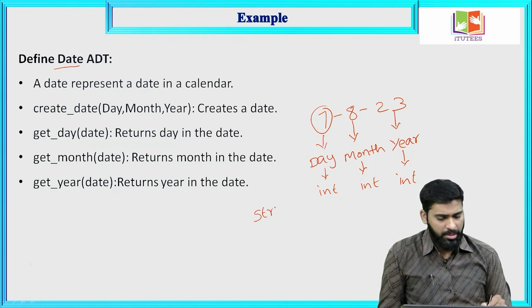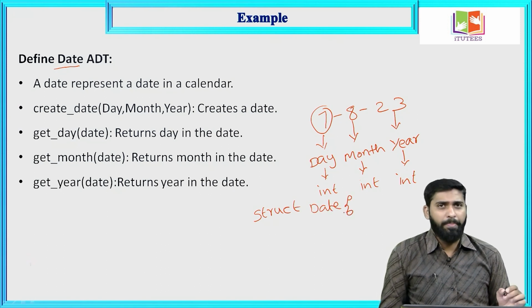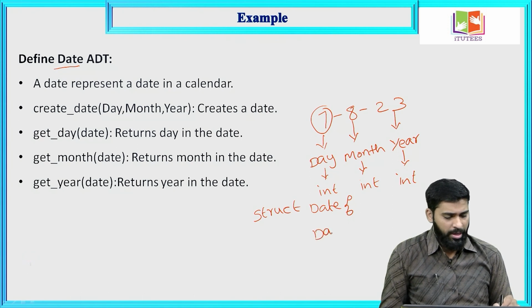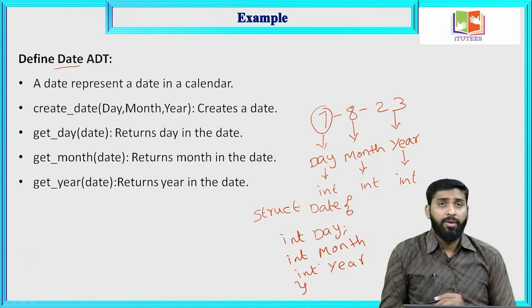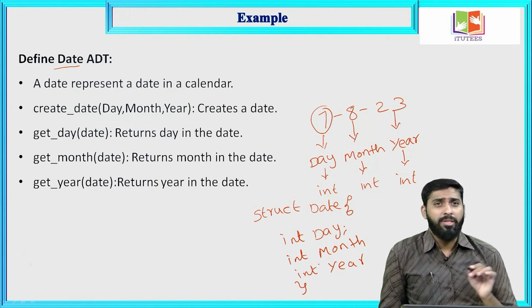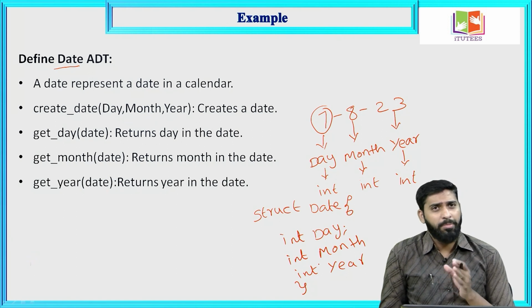This is struct date. This date contains three parts: one is day, another is month, another is year. The day is an integer, month is an integer, year is an integer.